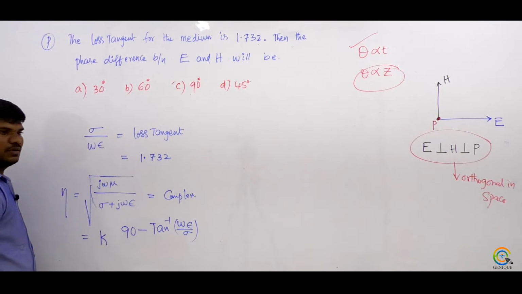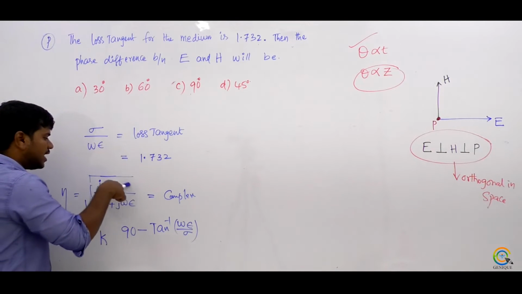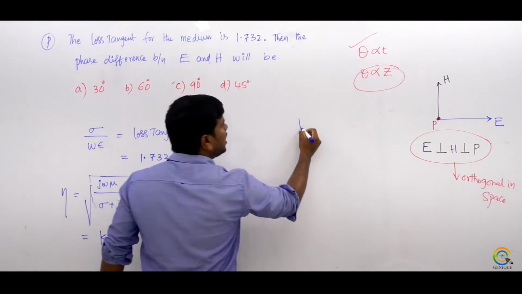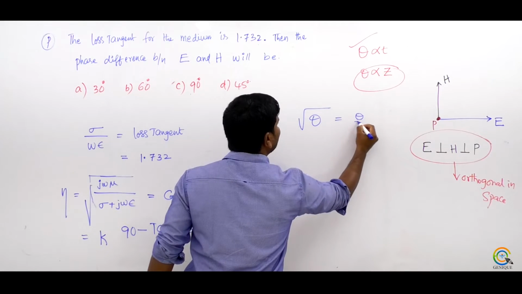Since it is in the denominator, the phases are subtracted: numerator phase minus denominator phase. But this entire term is in the root, so if any phase angle is there in the root, you can write theta divided by 2.